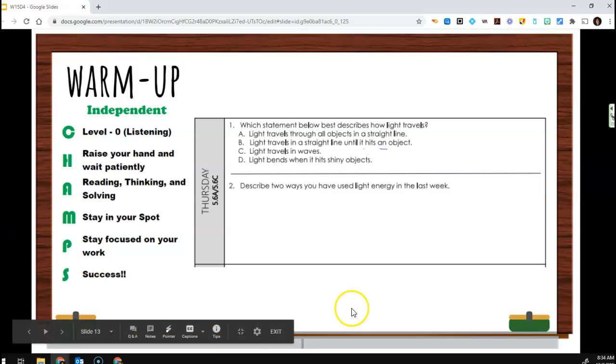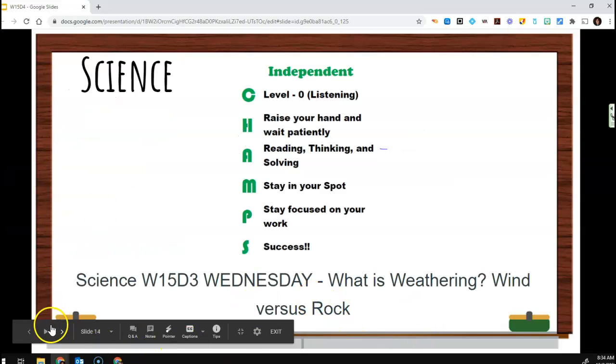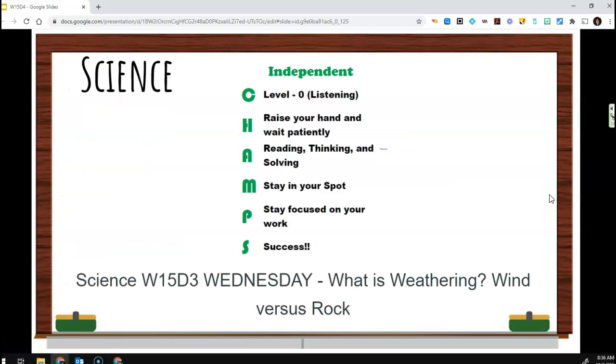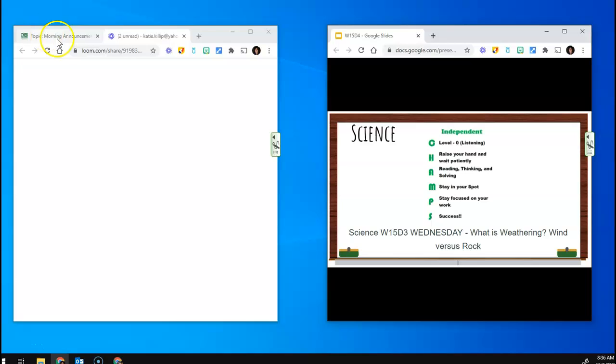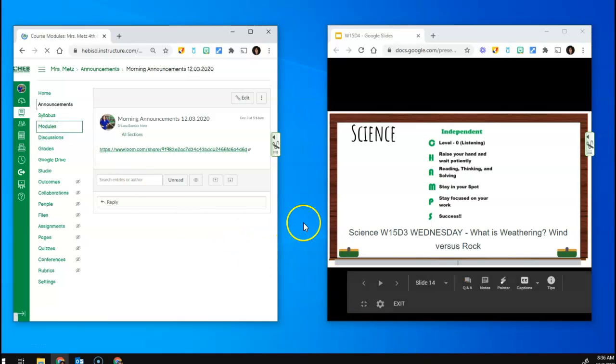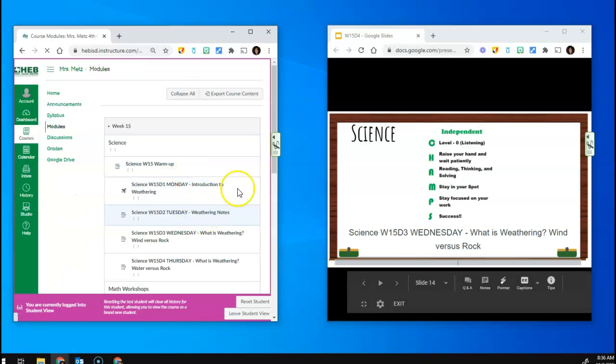Number 2 says, describe 2 ways you have used light energy in the past week. Your week 15, day 3. Now, I know today is Thursday, but yesterday we tried to do the lab, but y'all were having issues with it.